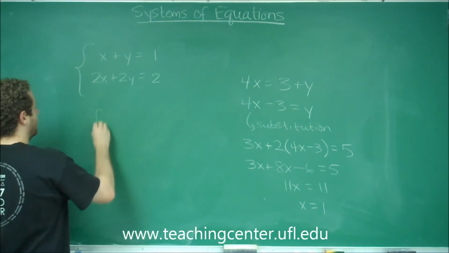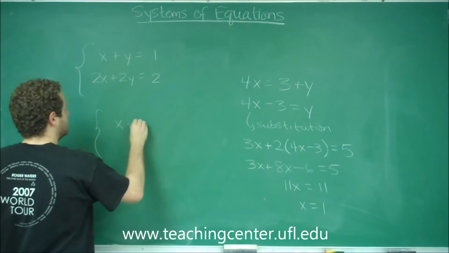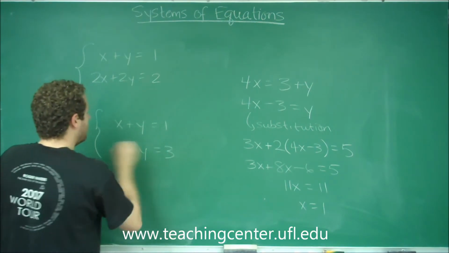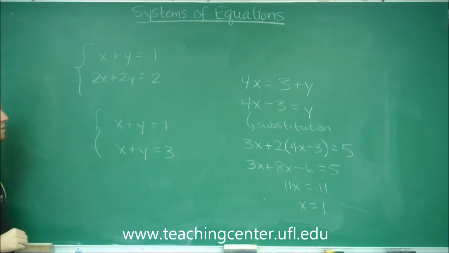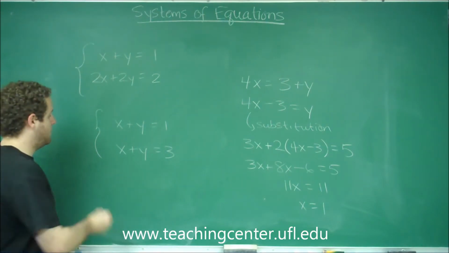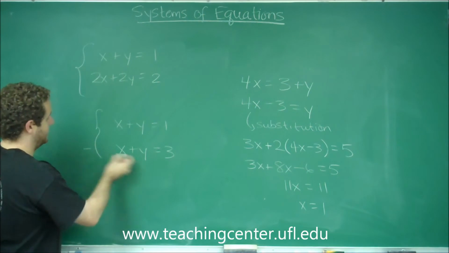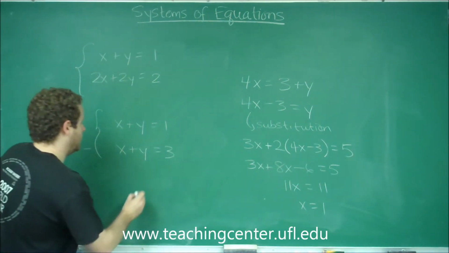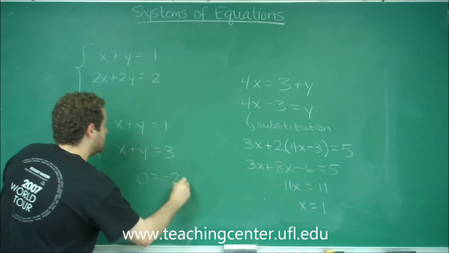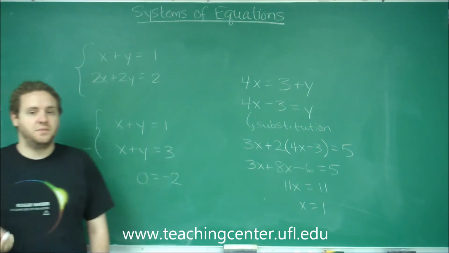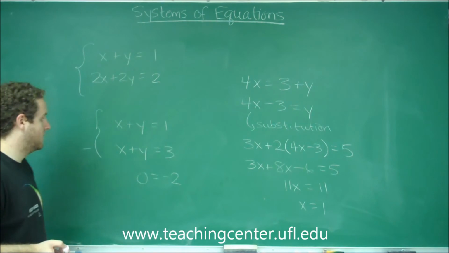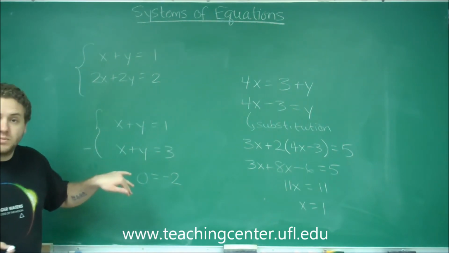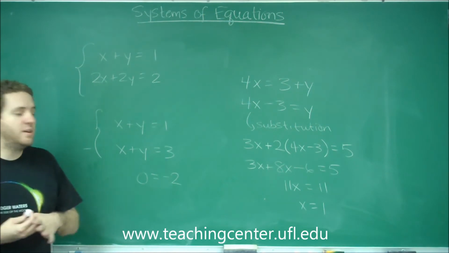Another one you might come across is something like this. What you want to notice there is that if you tried our combination method by just subtracting the second equation and canceling everything out, you get a nonsensical statement at the end. You get 0 equals -2, which is just not true, and you don't even have any x's and y's left. Both of these are lines, remember, and solving these is essentially finding their intersection.